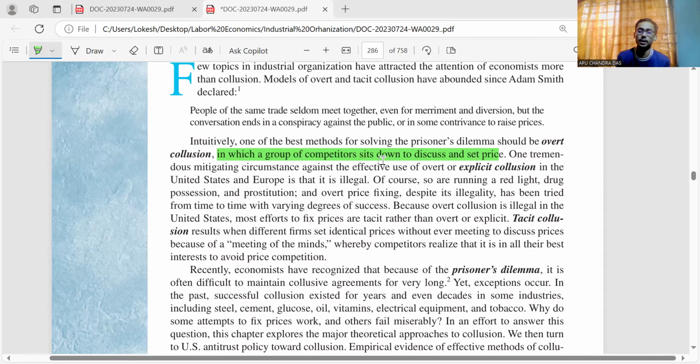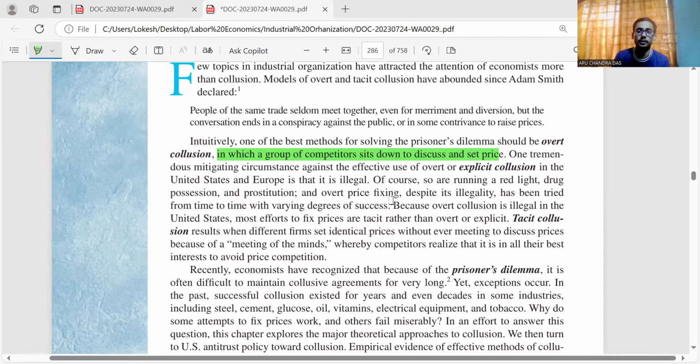Here, actions can be setting prices, production quotas, or how they will divide the market share. But the problem of overt collusion is that since it is a formal or explicit agreement, it is illegal.